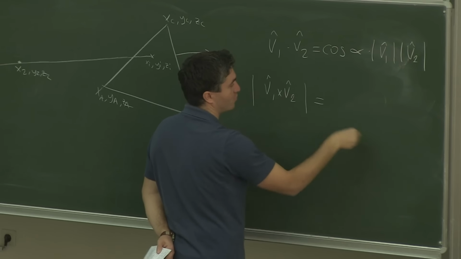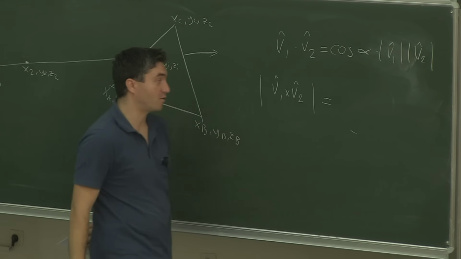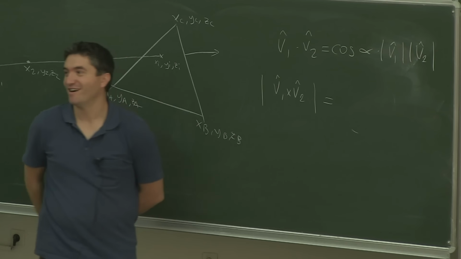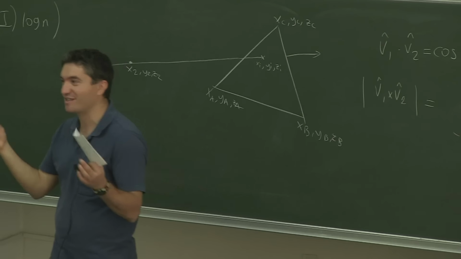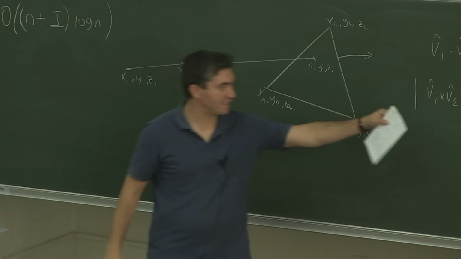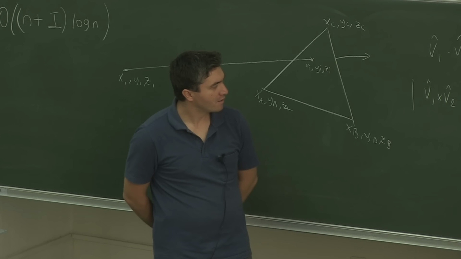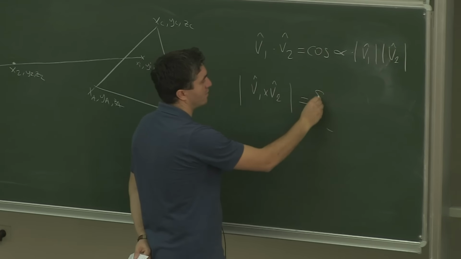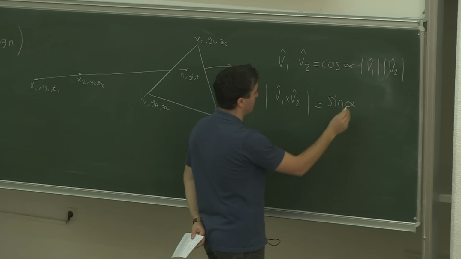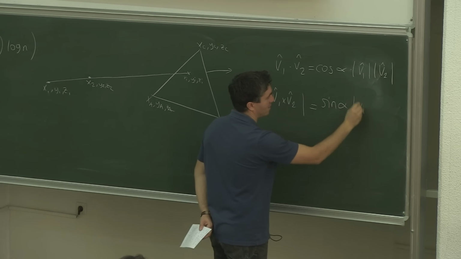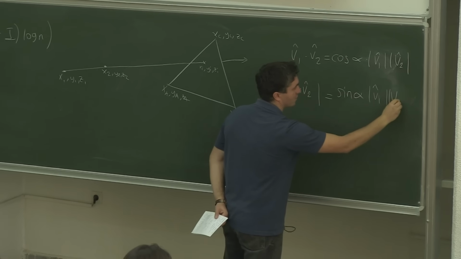If we are going to use a scalar on the right hand side of this equation, we need to have a scalar on the left hand side. Vectors and scalars are not compatible. So we take the norm of the cross product of two vectors v1, v2, which is equal to the sine of the angle between them times again the norms of the individual vectors.